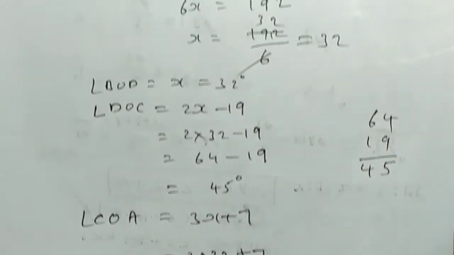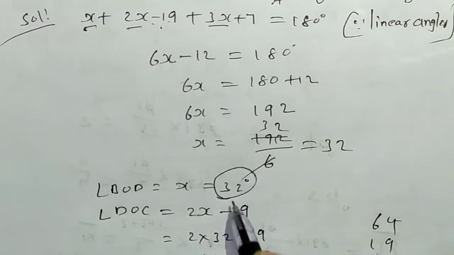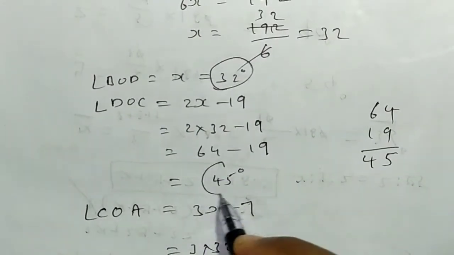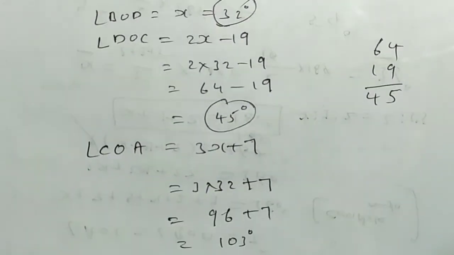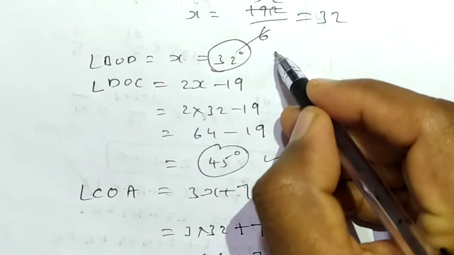So the first angle is 32, the second angle is 45 and the third angle is 103. These are the required angles, right?